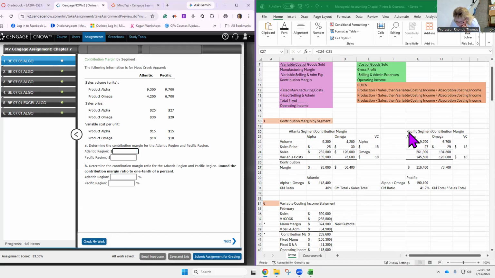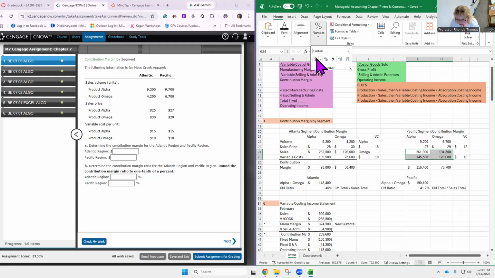So then you need one that says Pacific segment contribution margin. So we have product alpha has 9,700, product omega has 6,700. There's a sales price of 27 and 29, which we do the math there, we get our total sales.